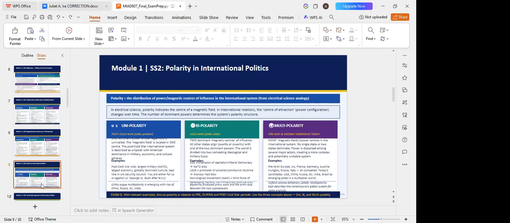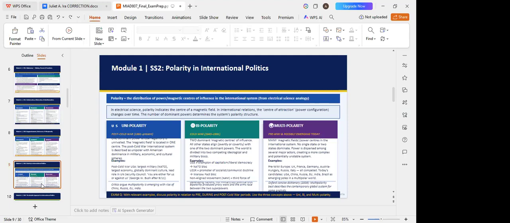And when we say hegemony, it is the political, economic, and cultural dominance of one country or one group over another group. Understand? It is when one country or one group dominates another group. So this one occurs only in the unipolarity stage.